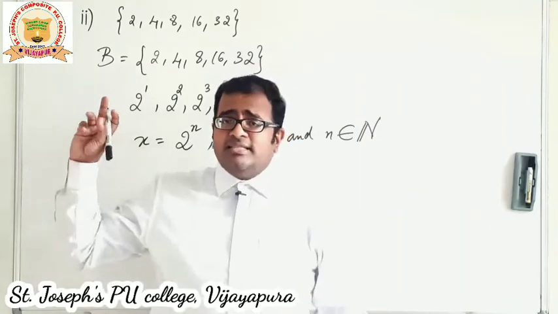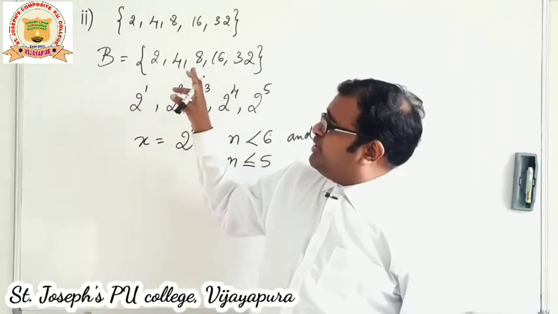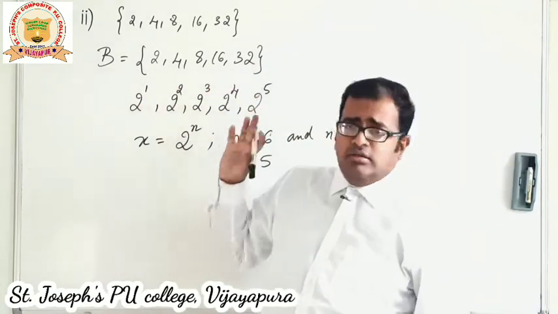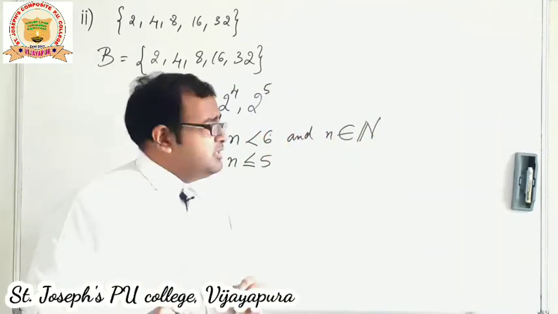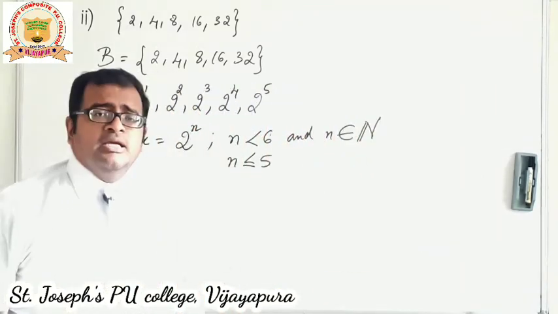So this particular set of 5 elements is only possible if you take all these 3 conditions.